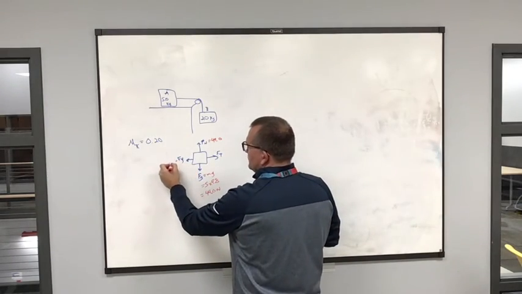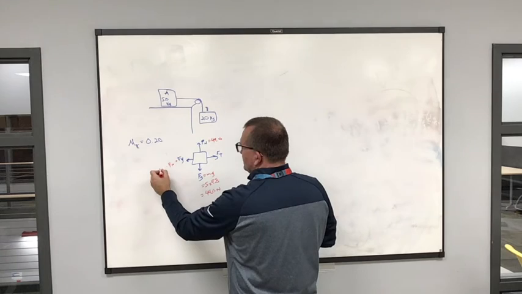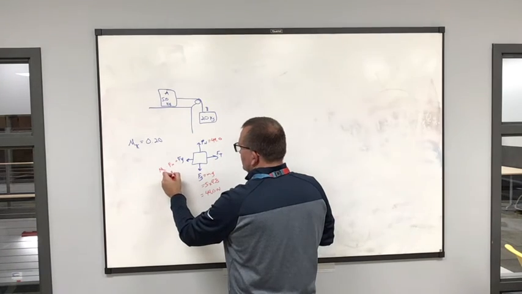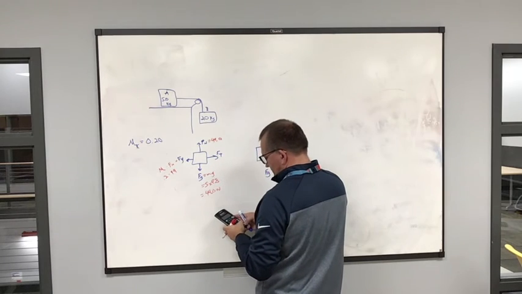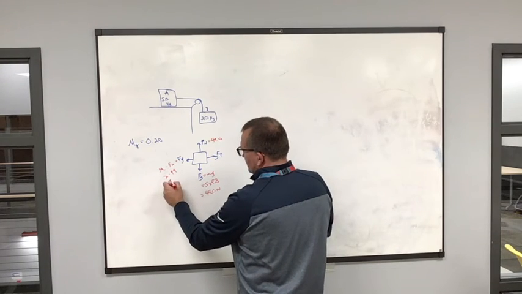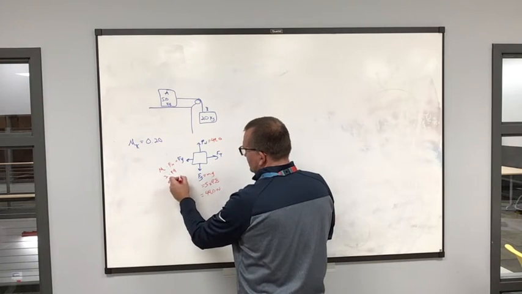Force of friction is normal force times coefficient, so 49 times 0.2. Force of friction is 9.8 newtons.